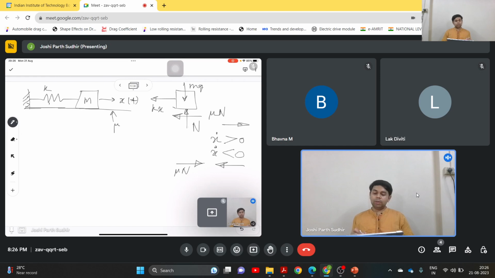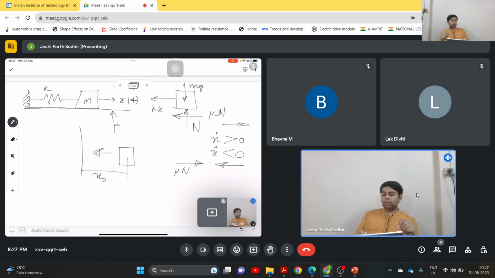Now what is happening here is, let us say we stretch the spring by some distance, and this is the zero position of the block. If we stretch the spring by some distance x naught and leave the block, then the block will start sliding, and if it travels in this direction, then the friction force will be in this direction till the block comes to rest at some point over here.